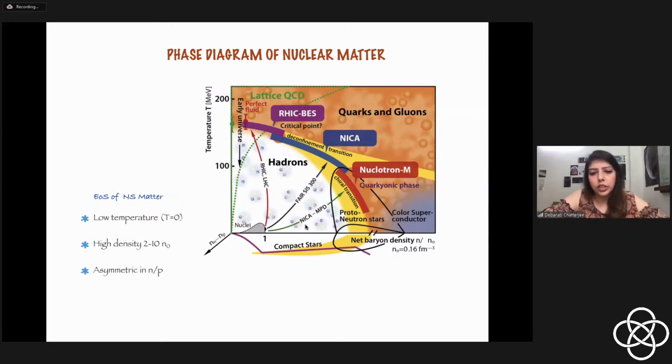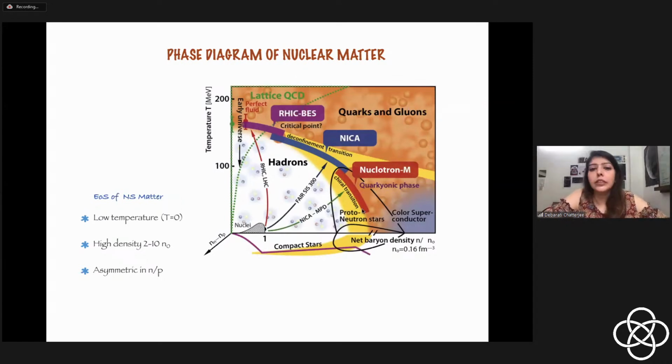So these probe matter which is hot, high temperature, and dense. Nuclei, you saw, are cold and not dense, low density. Heavy ion collision experiments are intermediate density, intermediate temperature.